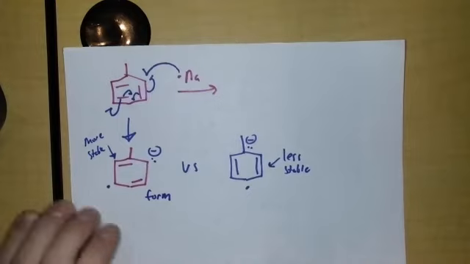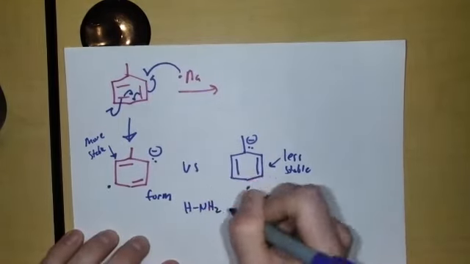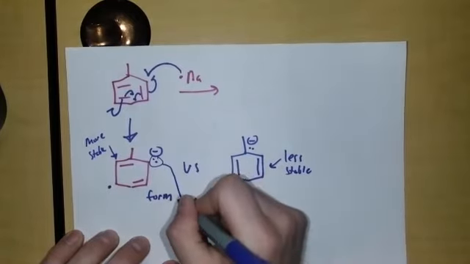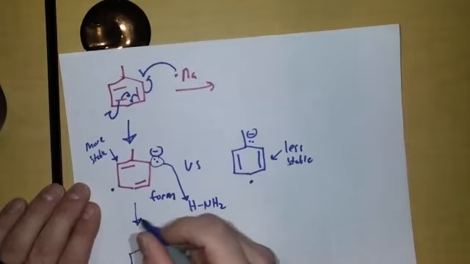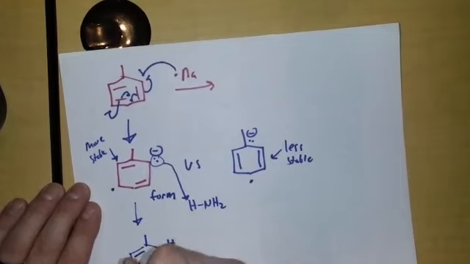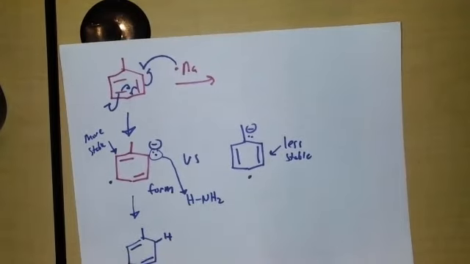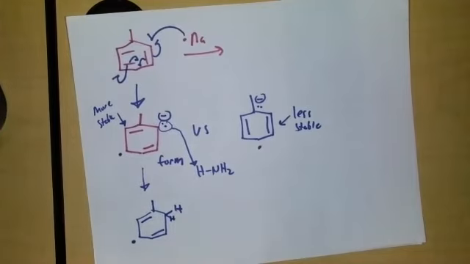From here, if we pick up NH from ammonia, technically there's two H's here, we can get this structure.